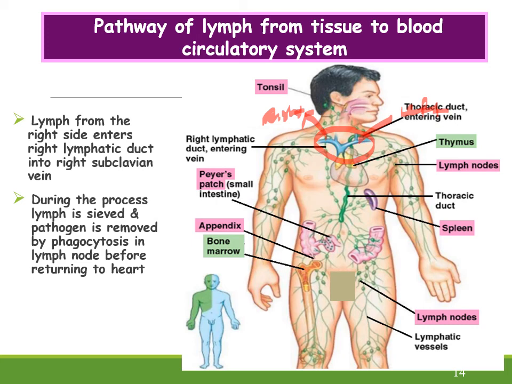For example, lymph from the right side will enter the right lymphatic duct and into the right subclavian vein. During the process, lymph is sieved and pathogens are removed by phagocytosis in the lymph nodes before returning to the heart.